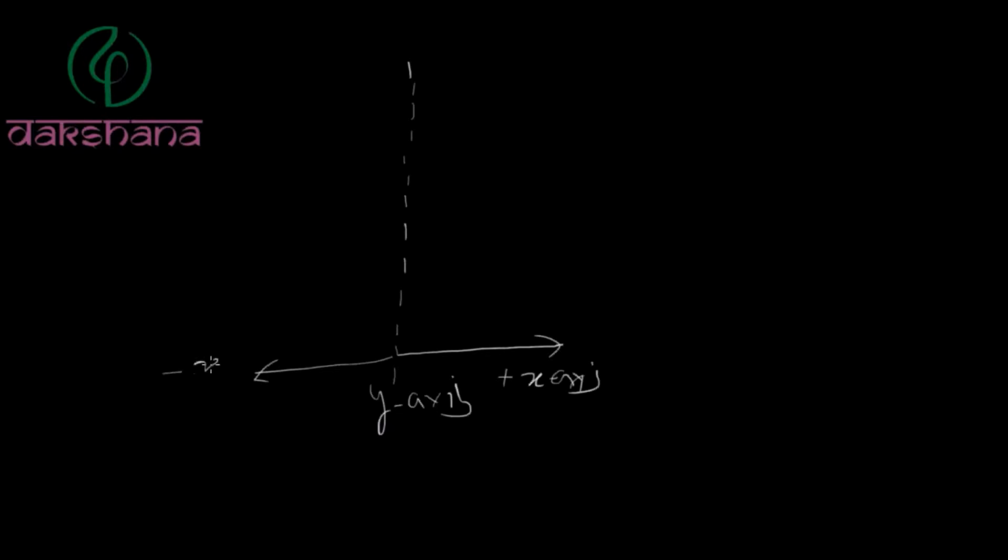Let's take a reference line, say the y-axis. To the right of this is the positive x-axis, and to the left of this reference line is the negative x-axis. Suppose there is a two-lane road.